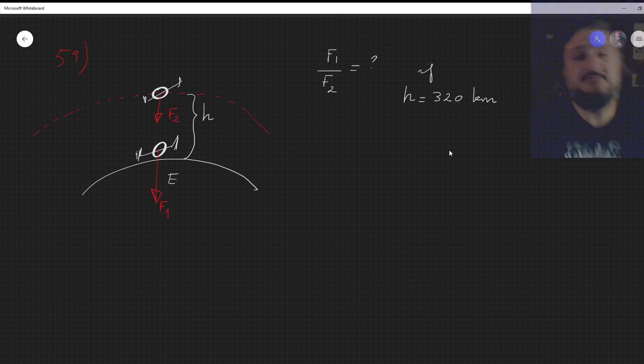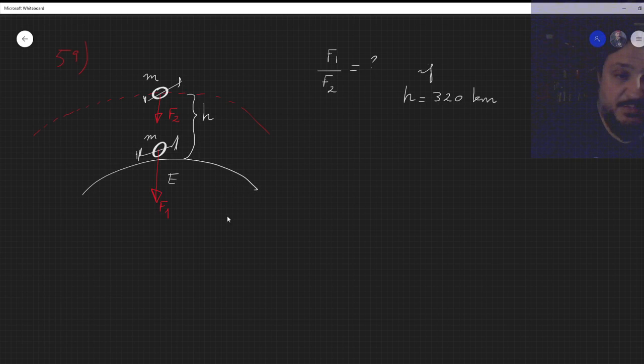Okay, so how do we find the ratio? Now, what do we not know? Well, we don't know the mass of the satellite, right? It's not given. Probably we don't need it.